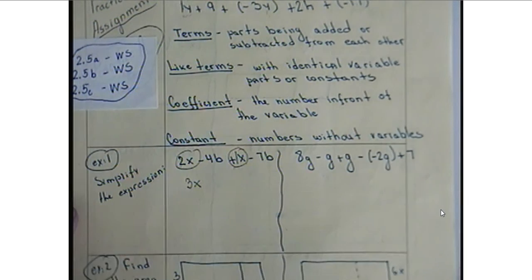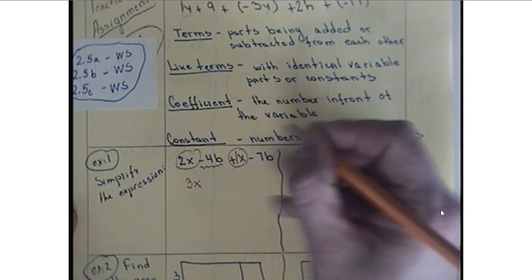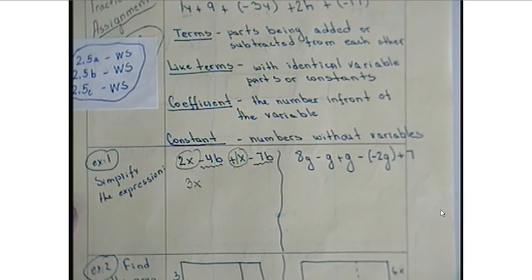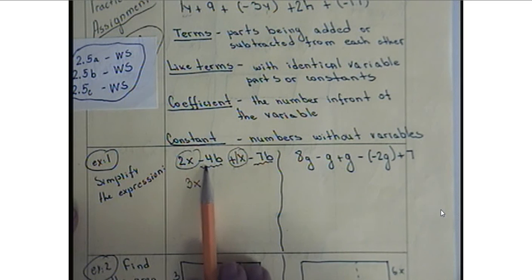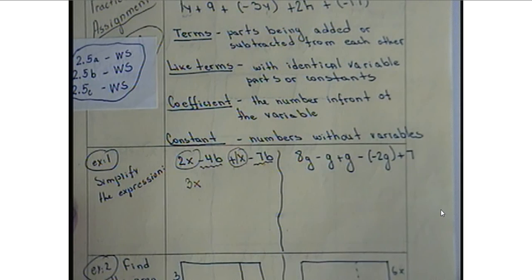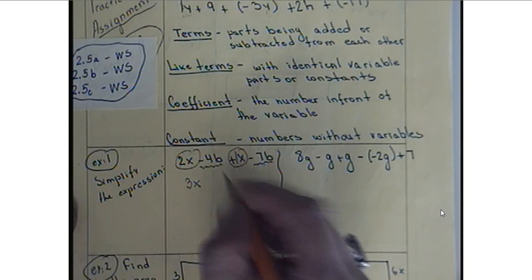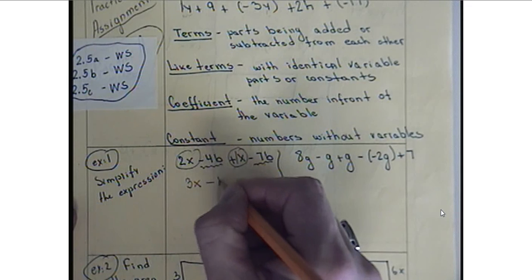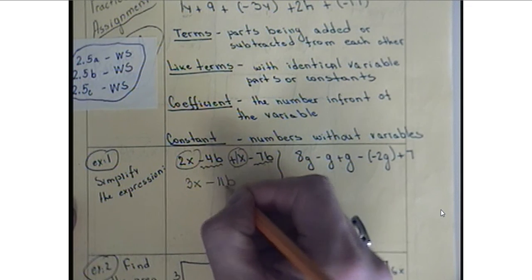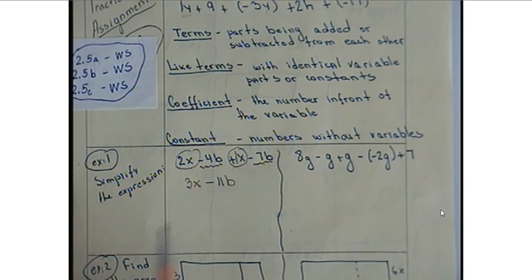Then I have negative 4b and negative 7b. We will combine those two because they both have the b variable. So negative 4 minus 7. Remember the integers when we're adding or subtracting. Negative 4 and negative 7 will give us negative 11b. Now, we will try to simplify as much as we can. 3x minus 11b.